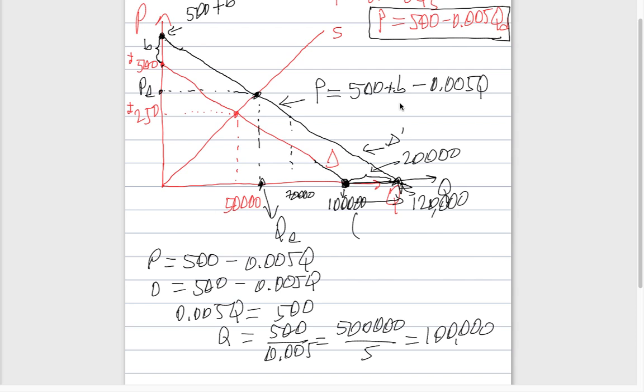This is the new demand function, but we don't know what B is at the moment, so we're solving it using algebra and calculus rules. We know the intersection where the demand curve meets the horizontal axis, and that's 120,000.